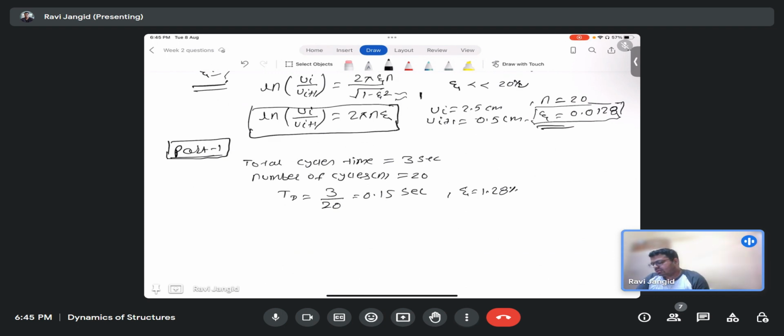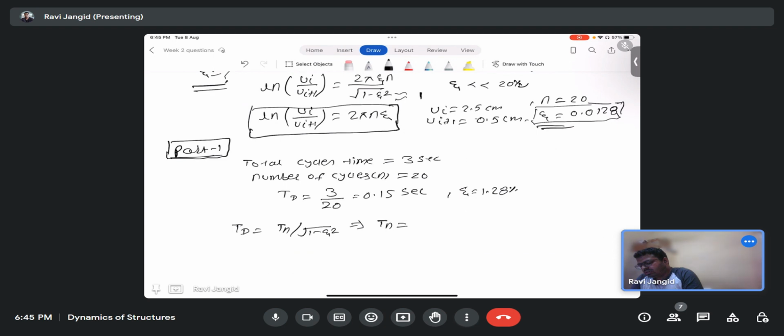Okay, if you don't, let's discuss. TD is equal to Tn divided by square root of 1 minus xi square. Here, because your damping is very less, around 1.28%, your TD and TN are almost equal. If not, then put the value of TD and find out the TN.